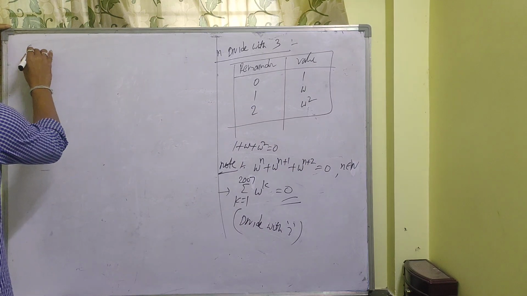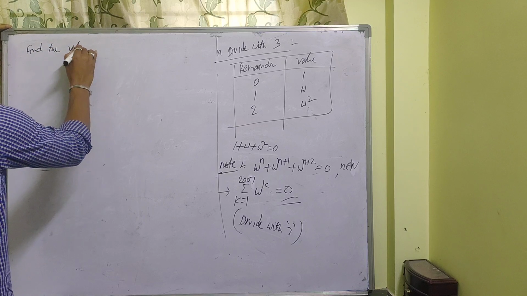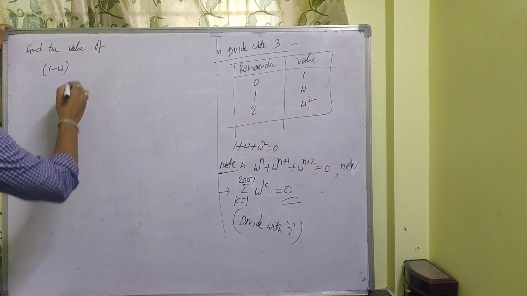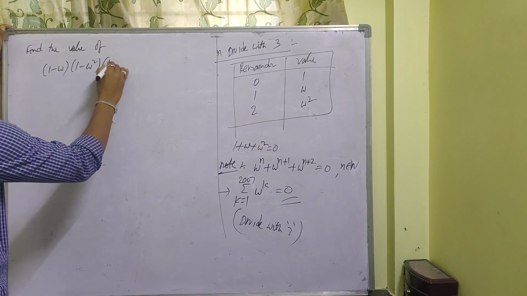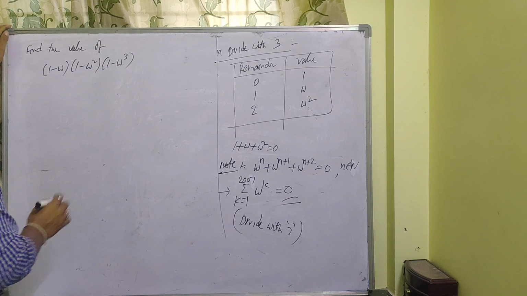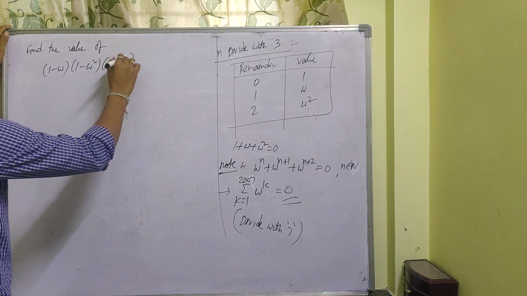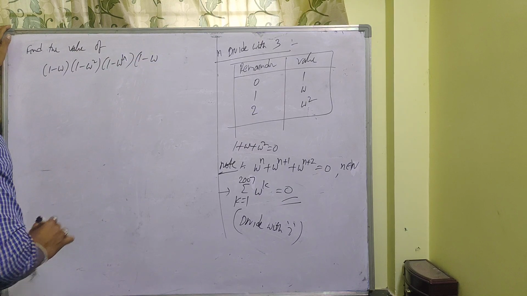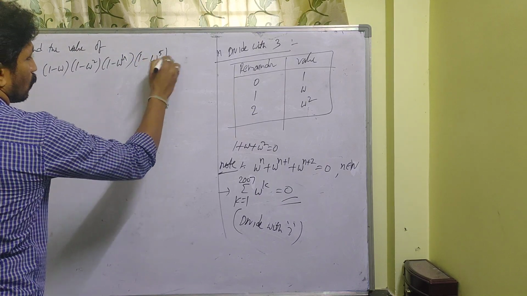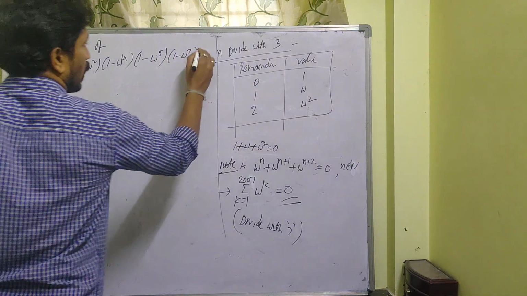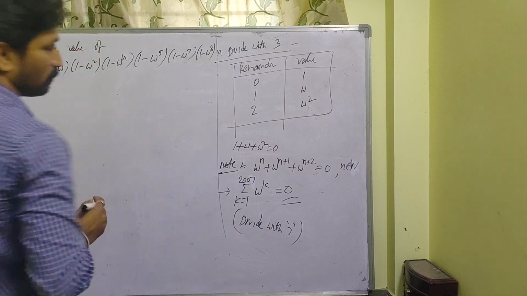Find the value of 1 minus omega, 1 minus omega square, 1 minus omega cube, 1 minus omega power 4, 1 minus omega power 5, 1 minus omega power 7, into 1 minus omega power 8.